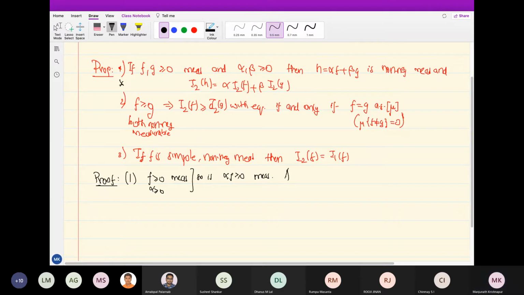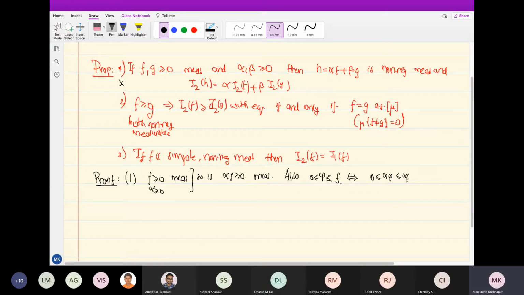Also, phi is between 0 and f if and only if alpha phi is between 0 and alpha f. What I'm trying to do is separate the linearity into two parts. One is scalar multiplication, one is addition, just for convenience. That's all.